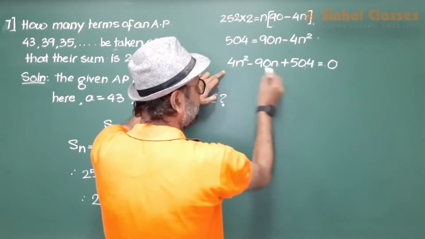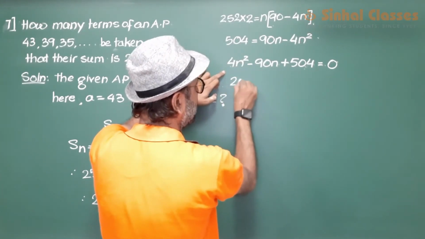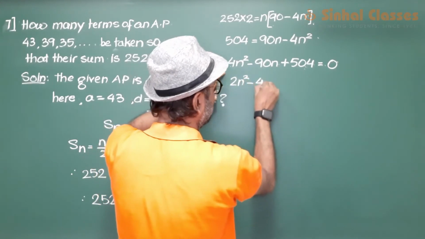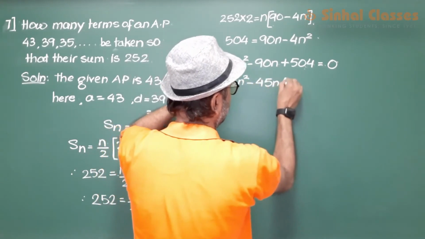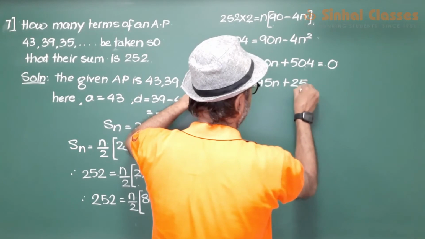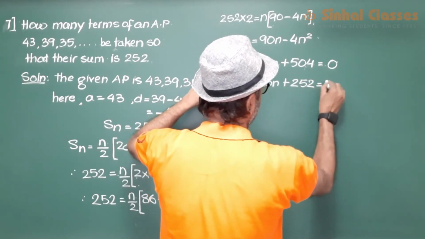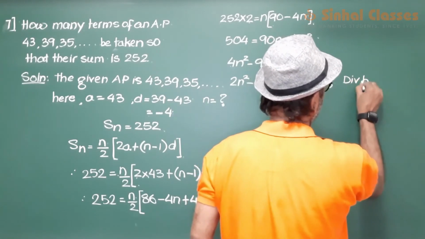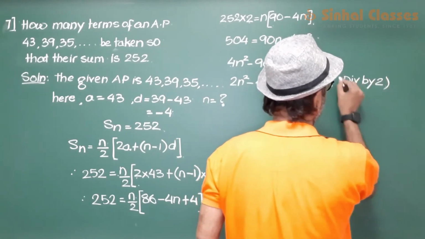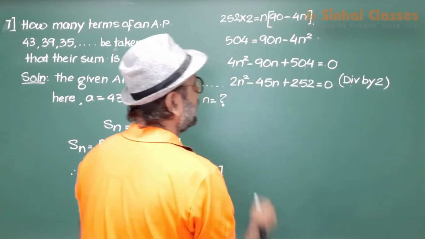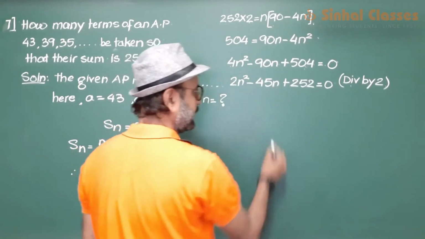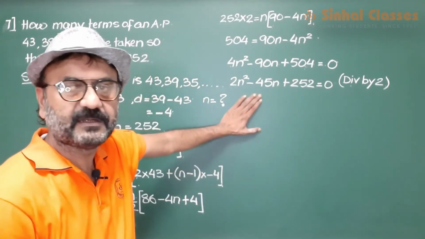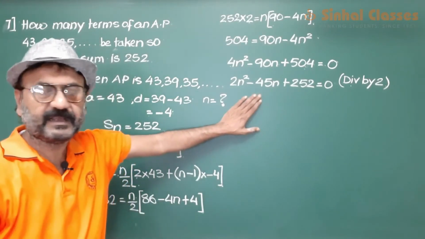So we divide the entire equation by 2. And then we solve this by the normal methods of solving a quadratic equation.